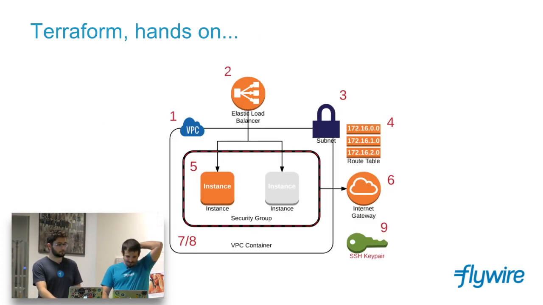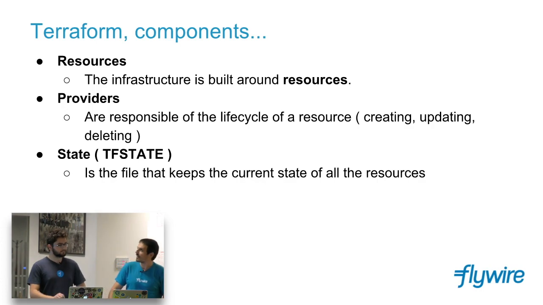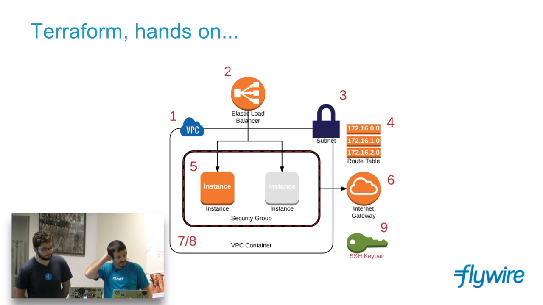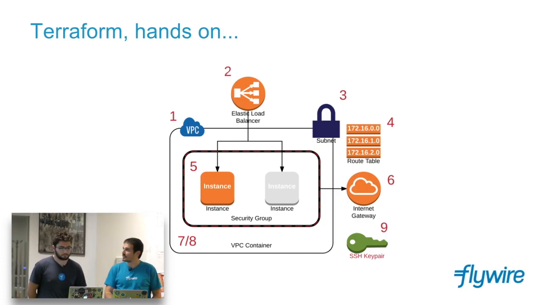So instead of showing boring slides, we are going to do a live demo. So we are going to build this. This is a very basic setup with a couple of machines on Amazon behind a load balancer, and all the networking needed for this. It consists of 9 resources: the load balancer, the EC2 machines, and all the subnets and the networking stuff.